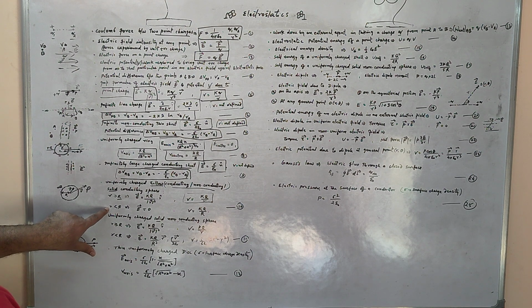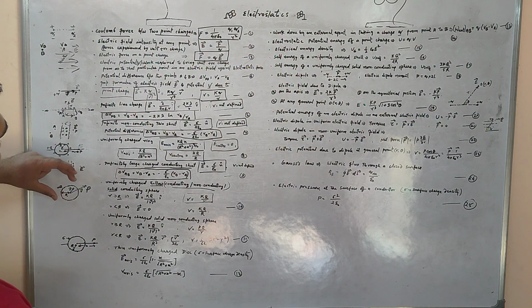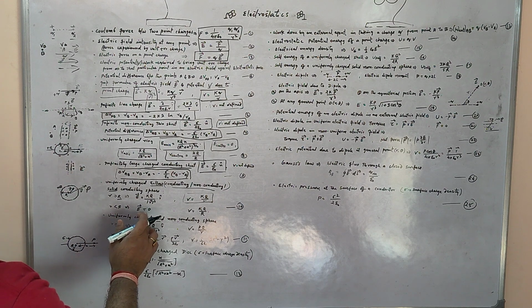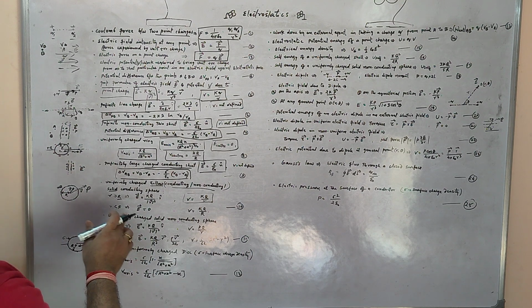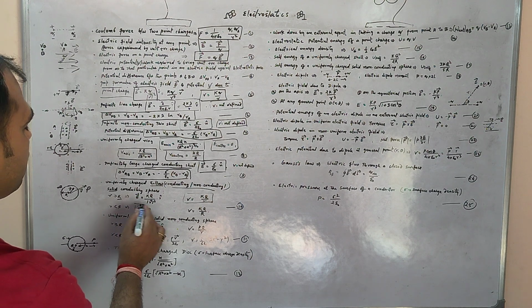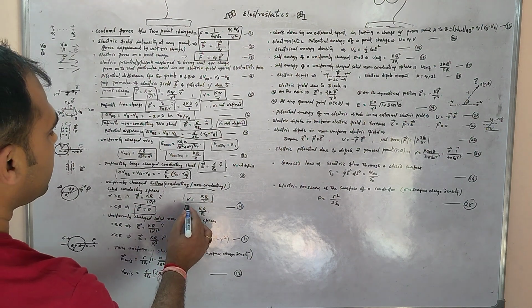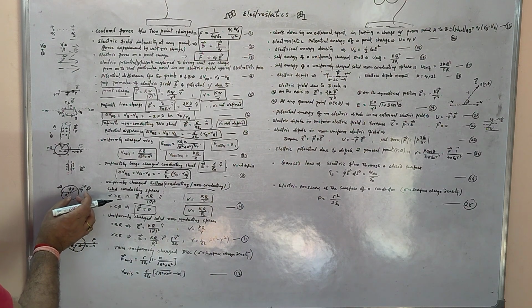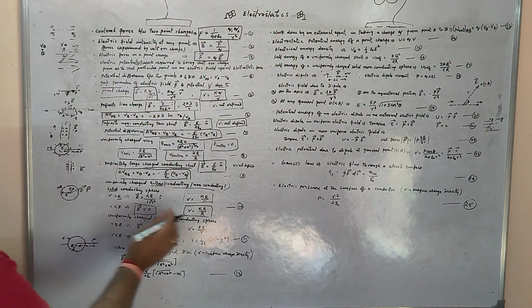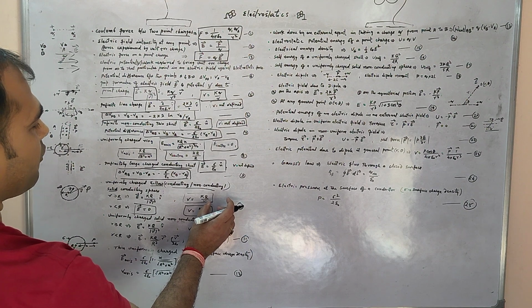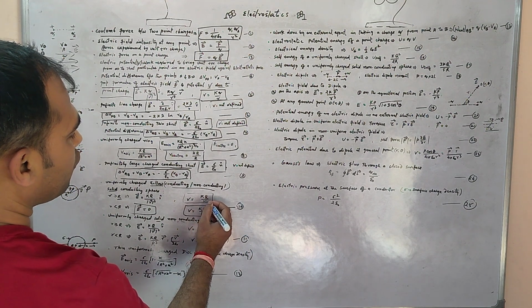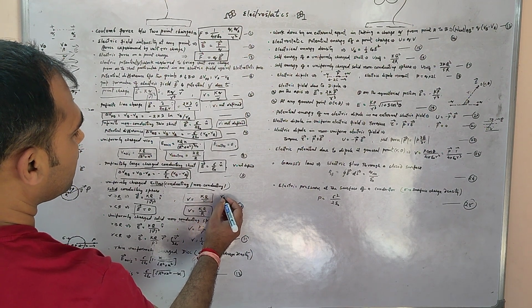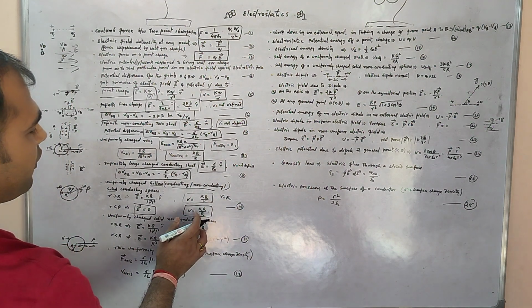And if r is smaller than radius R, then electric field inside the sphere will be 0, while the potential will be equal to the potential at the surface. If we put small r equal to capital R, that is radius, then we will find the value of this.